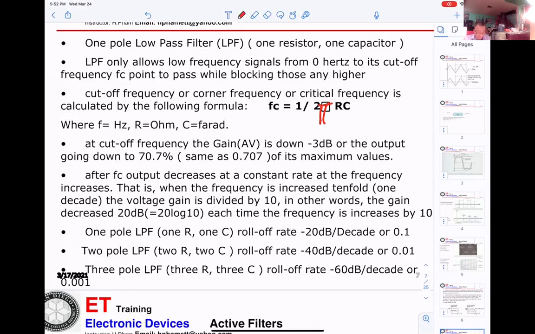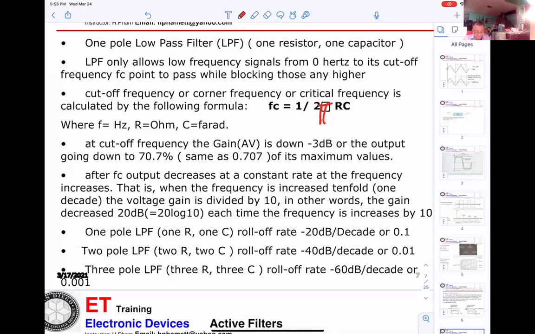At the cutoff frequency, the gain is down 3 dB, or the output goes down to 77%, same as 0.707 of its maximum value. After the cutoff, the output decreases at a constant rate as the frequency increases.